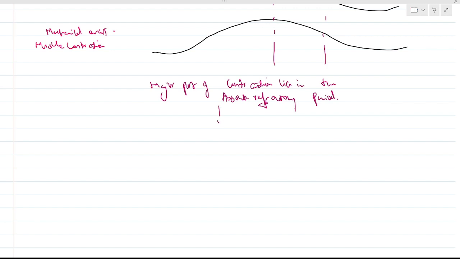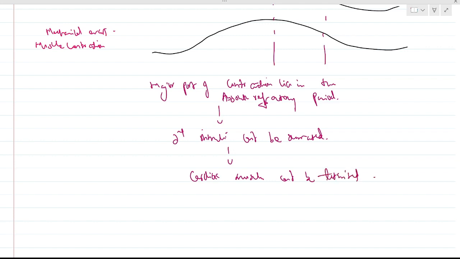So the second stimulus given here can't be summated. As a result, cardiac muscles can't be tetanized.